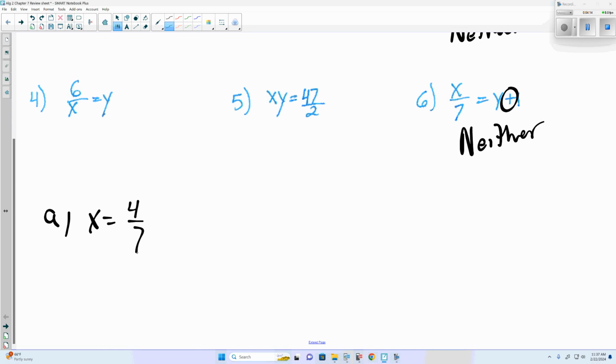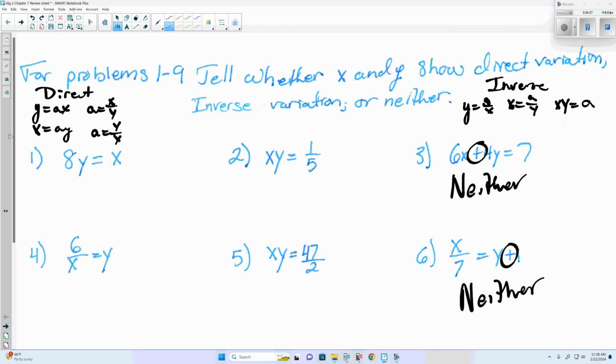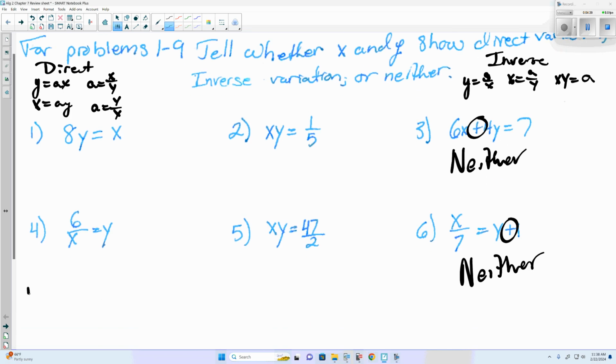But if it only has one variable, x equals a number, y equals a number, there is no x, we're only given y, or there is no y. If we only have one variable, it is neither. We've got to have two. So hopefully those kinds of neithers will be easy on the first part.